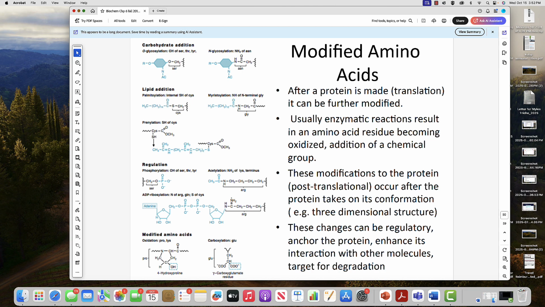So after a protein has been synthesized through translation, it can further be modified by adding different functional groups to the amino acids within the protein, and it allows the protein to take on different conformations. But some of these modifications can also be regulatory. So it can anchor a protein, it can enhance an interaction with other molecules, and it also can target a protein for degradation.